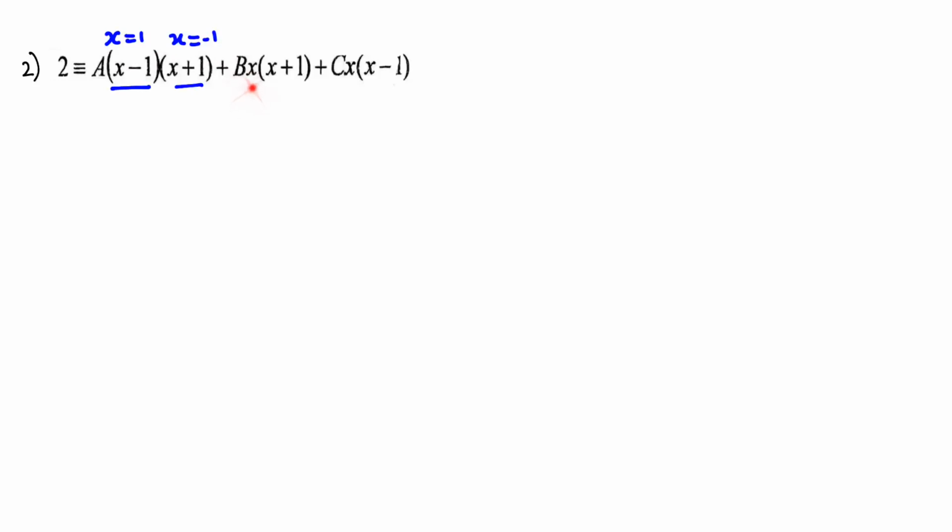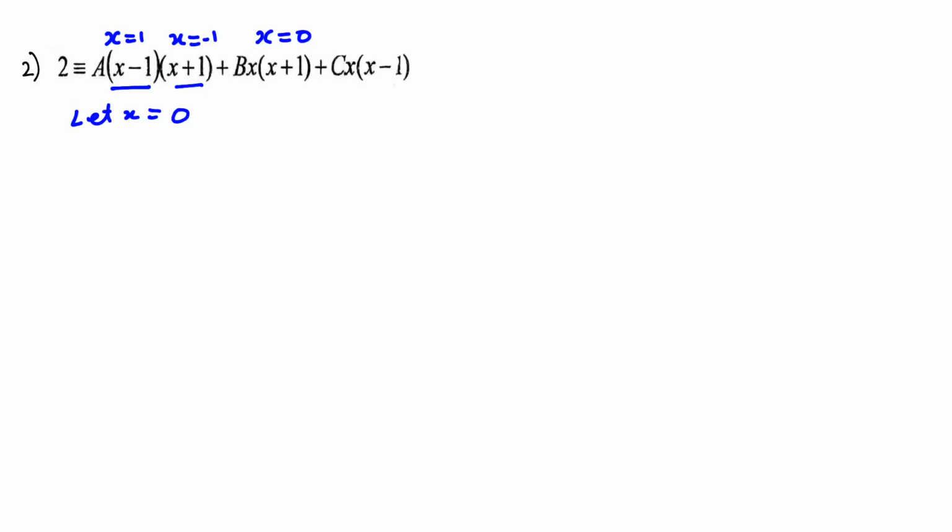But there's an x here. When x is alone and not in a bracket with another number, it means that we'll take the value of x as 0. So let's start. We'll start first with 0. Let x equal 0. On our left hand side, we have only a number 2.